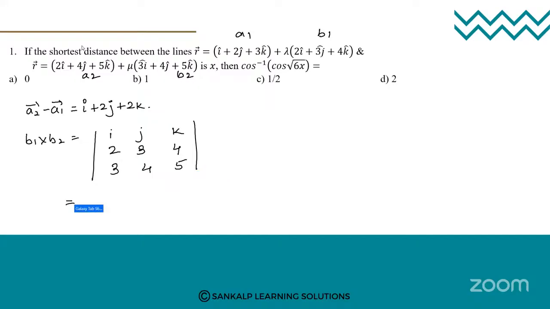So this is 15 minus 16, minus I. Okay, next 10 minus 12, minus of minus plus. 8 minus 9 minus K. Correct? If I'm not wrong, please check.